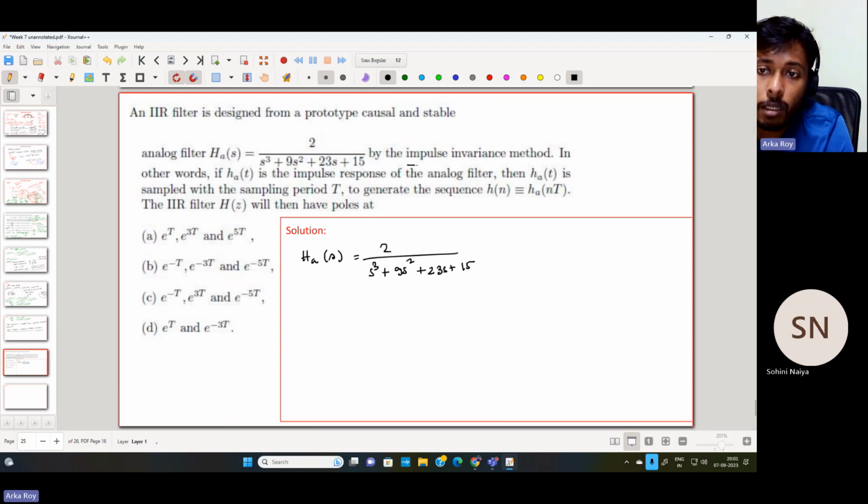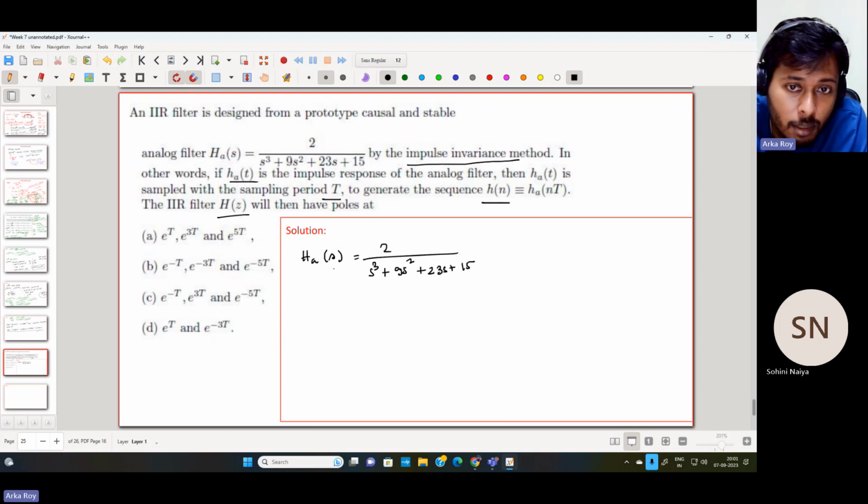So we have to use the impulse invariance method. h(t) is the impulse response of the analog filter. h(t) is sampled with a period T, and if it is sampled with a period T, then I will get a sampled or discrete signal. And for that discrete signal, if I take the Z transform, then where will the poles lie?